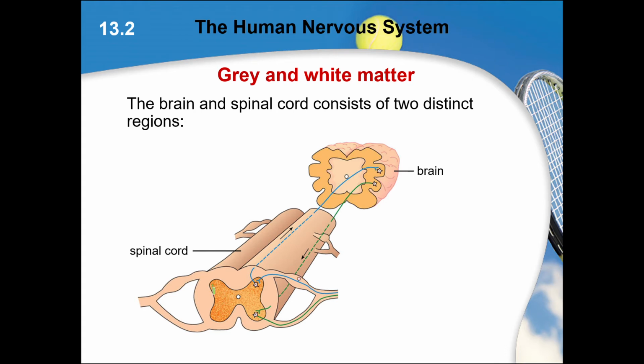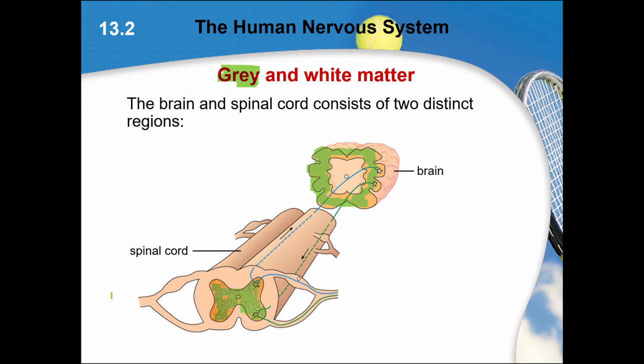The darker segment, which I'm now coloring in green, is known as the gray matter. In the brain, you can see it's the opposite. Instead of being in the central region, the gray matter is now at the sides, the peripheral area of the brain.